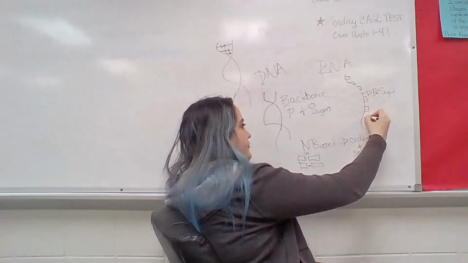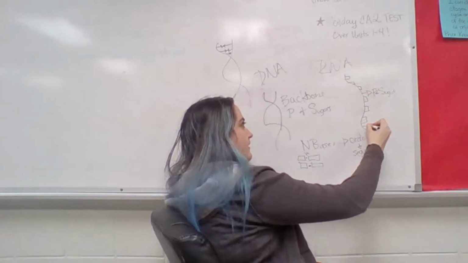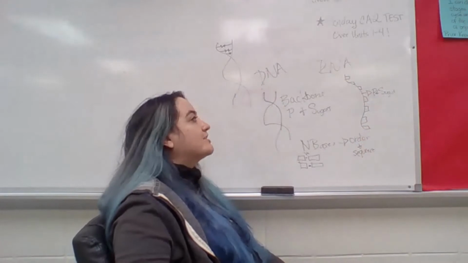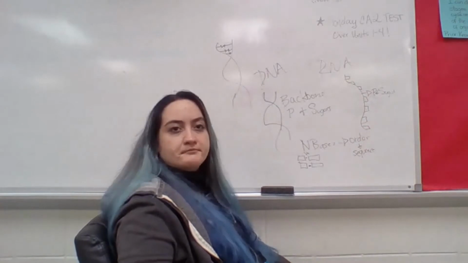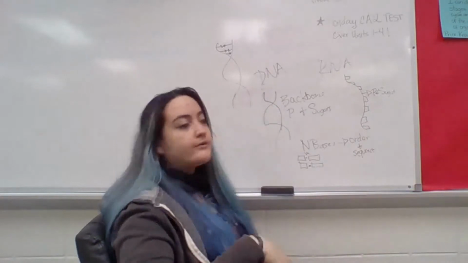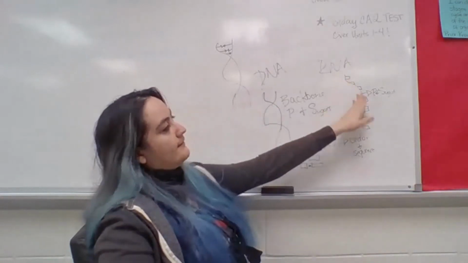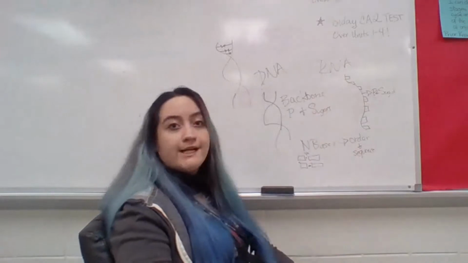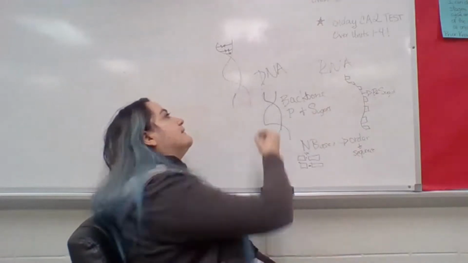So you don't have any hydrogen bonds here in the RNA. You just have the nucleotides all connected into a long chain, but they're not connected to anything else on the other side. They're still in that helical shape, but there's only one side of the ladder. So that's your RNA. That's it.